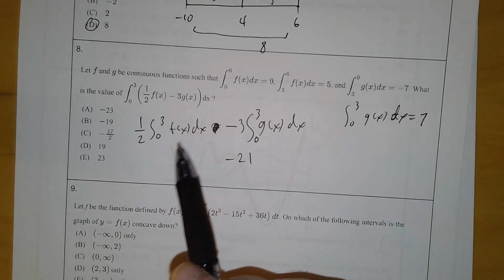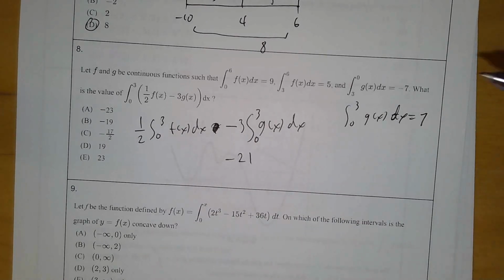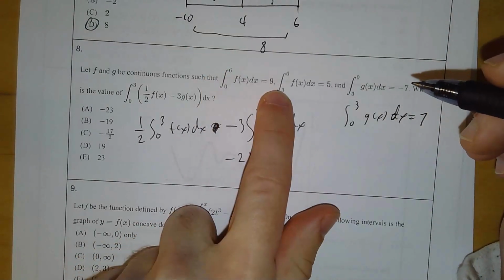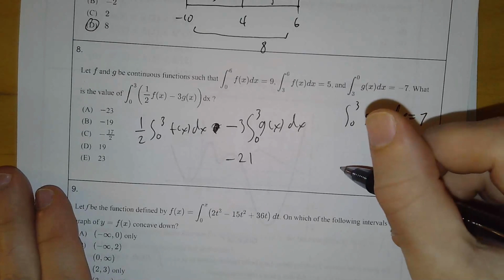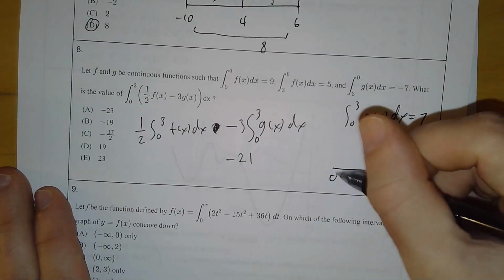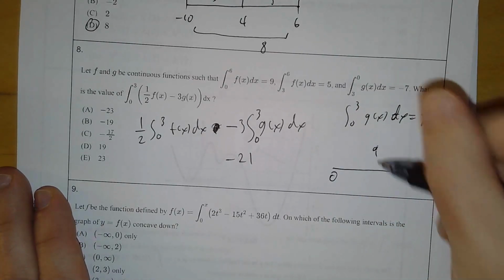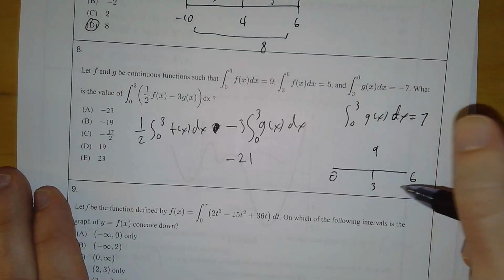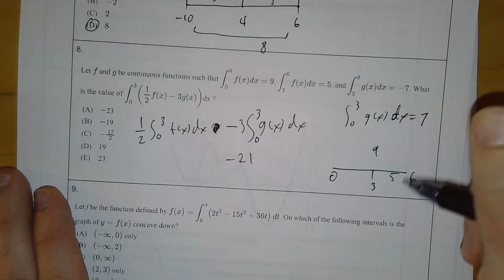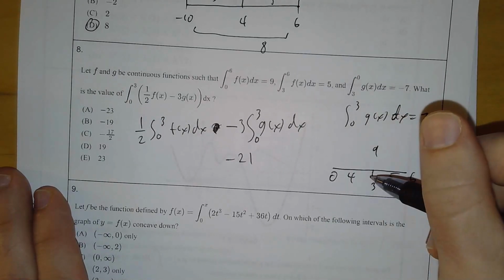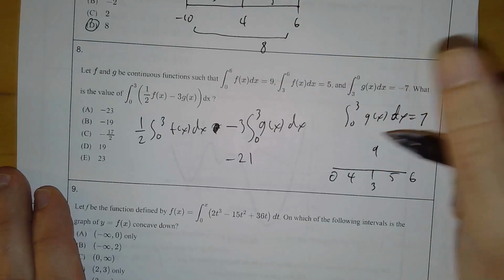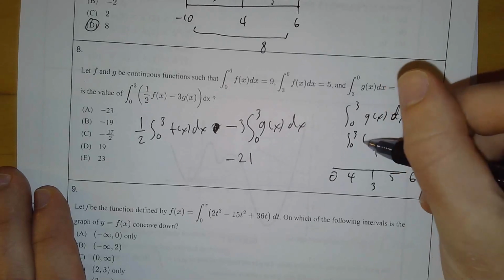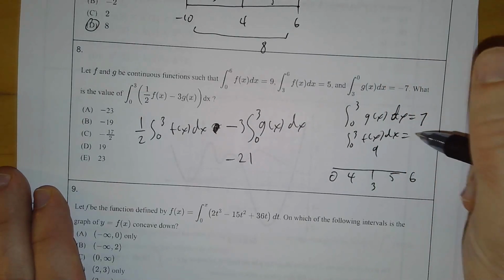Here, I need f of x. So I have 0 to 6, and I have 3 to 6. So I can get 0 to 3 by, I'll do a little chart of this. I know 0 to 6 is 9, and I know 3 to 6 is 5. So 9 minus 5, this must be 4. So 0 to 3 must be 4. So I can say integral 0 to 3 of f of x dx must equal 4.